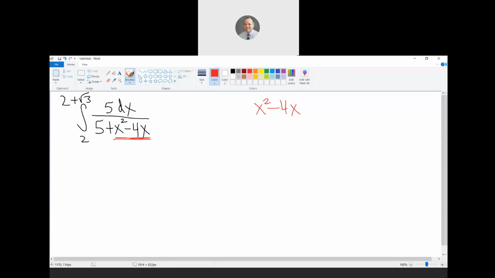Let's complete the square of x squared minus 4x. To complete the square, you take half of the middle term. So half of negative 4 is negative 2. And then you square it. So negative 2 squared is a positive 4.